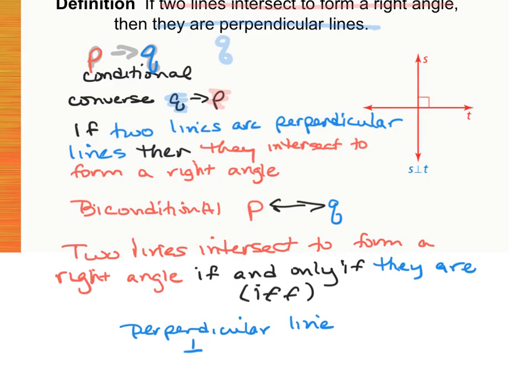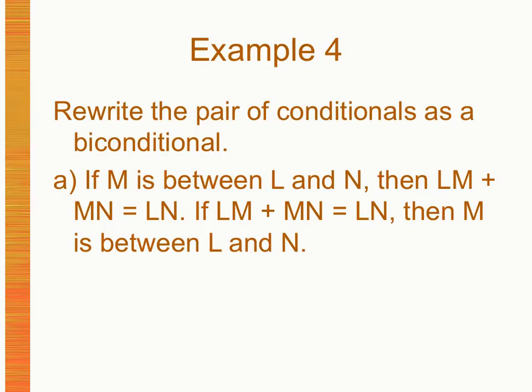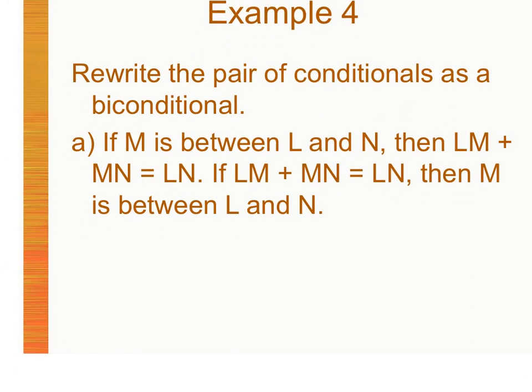Let's try one more. So the last example, again, is to rewrite the pair of conditionals as a biconditional. So if M is between L and N, then LM plus MN equals LN. So this is our segment addition postulate. And now the converse of that is here.